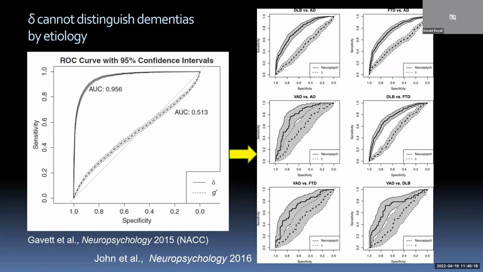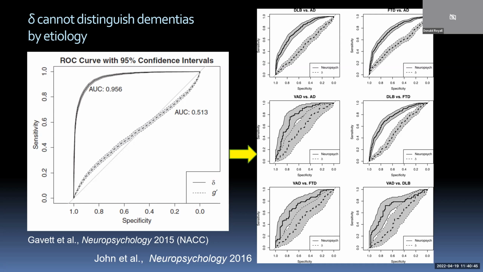So now compare those results to the results of John et al. a year later from the same group. And they used the same D homolog again, but this time they asked it to distinguish each of the different dementia diagnoses from all of the other ones. So we're trying to distinguish etiology now, vascular from FTD, vascular from Alzheimer's, Lewy body from Alzheimer's.